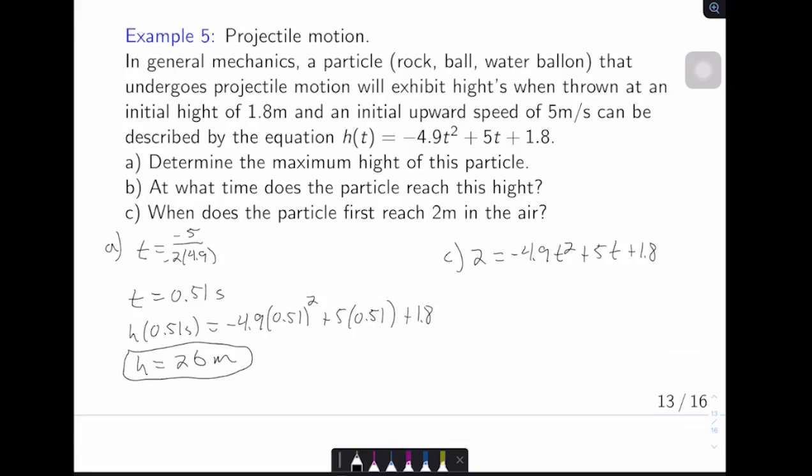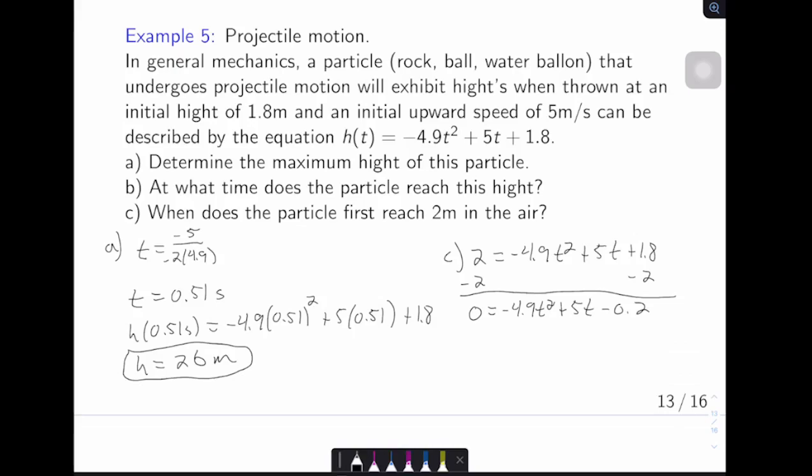All right, I'm going to subtract 2 from both sides of the equation and then get 0 is equal to negative 4.9 t squared plus 5t and then negative 0.2. Let's just double check. 1.8 minus 2. Yeah.